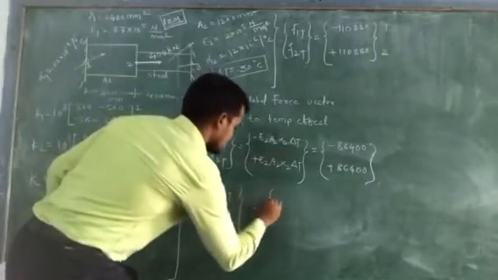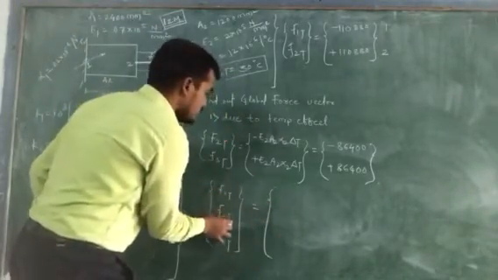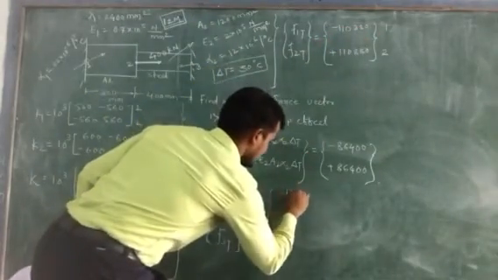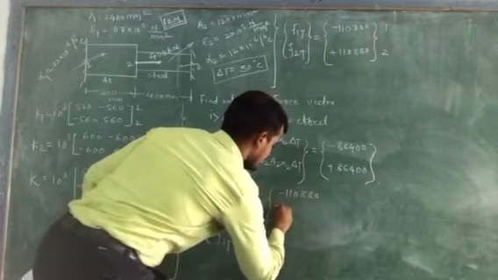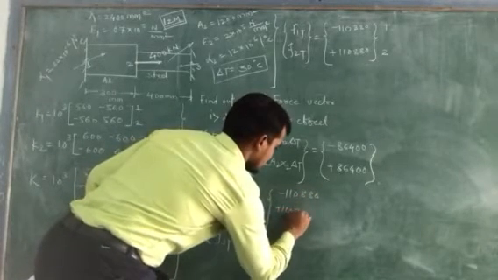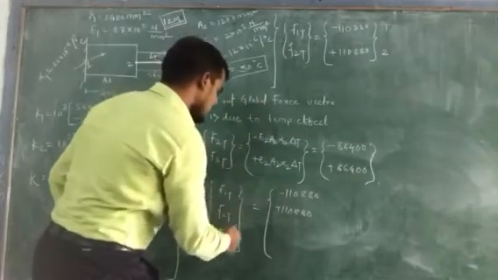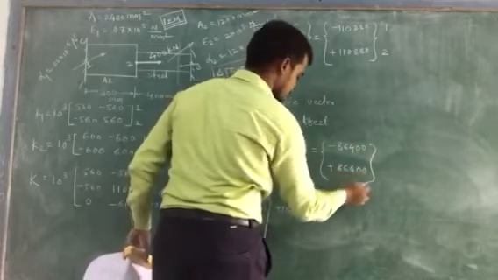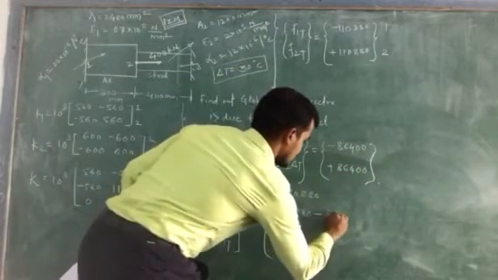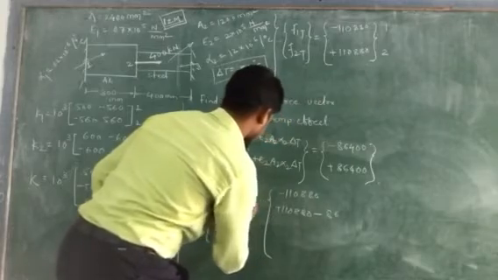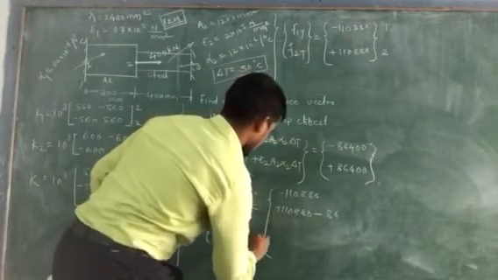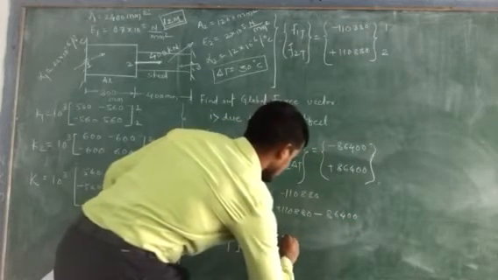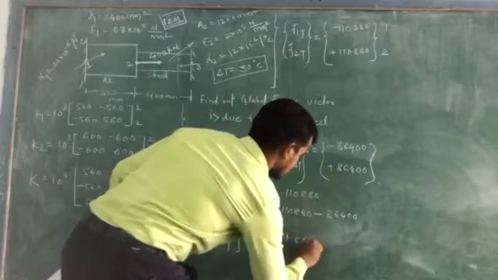For F1T and F2T, we know the values are minus 110880, plus 110880. For second and third equation, we know the values as minus 86400 for the second equation, and plus 86400 for the third equation.